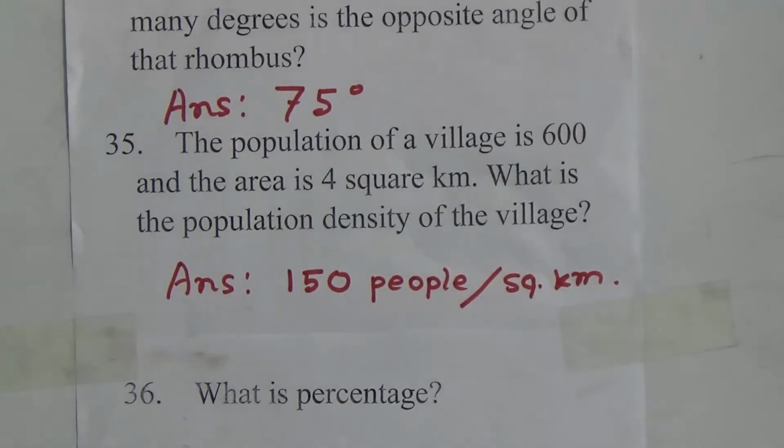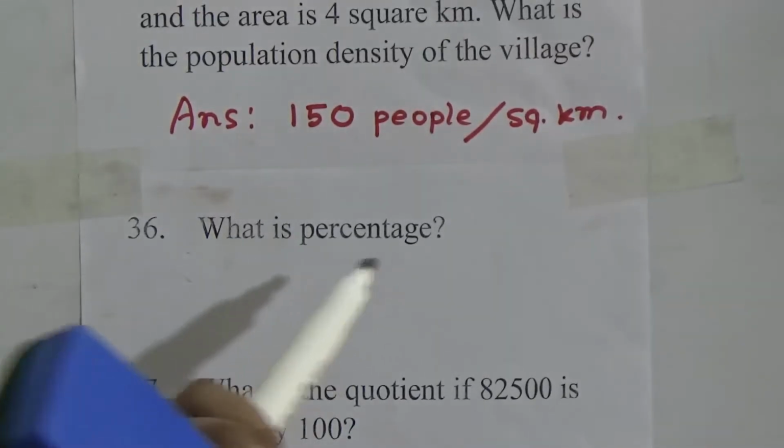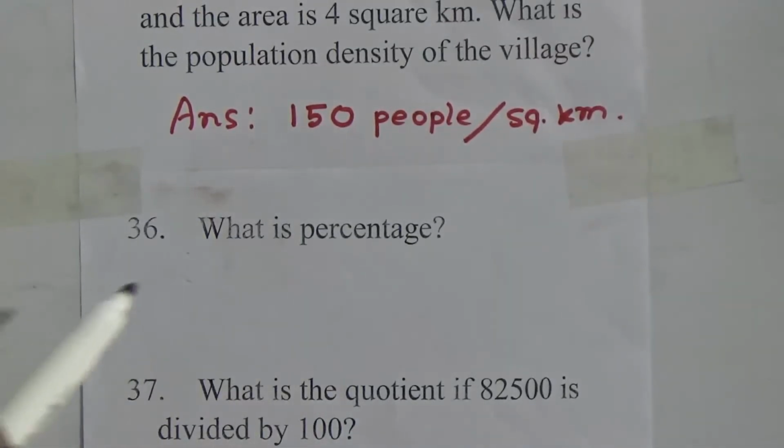Next, dear students, what is percentage? Dear student, this is a definition. The percentage definition: a ratio which is expressed as a fraction of 100 is called a percentage. So write this.